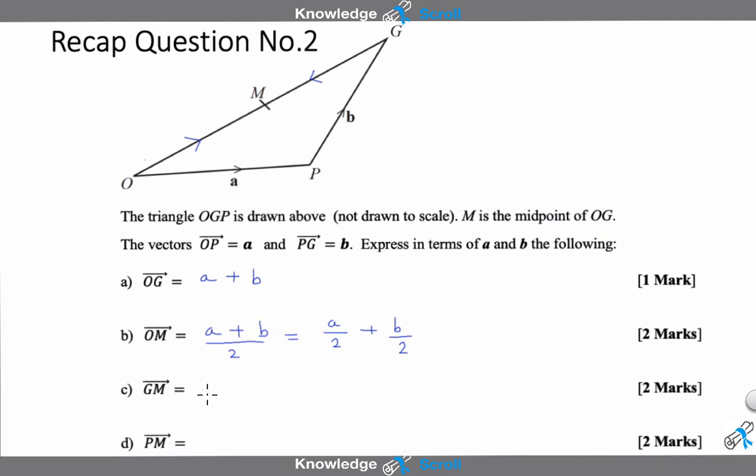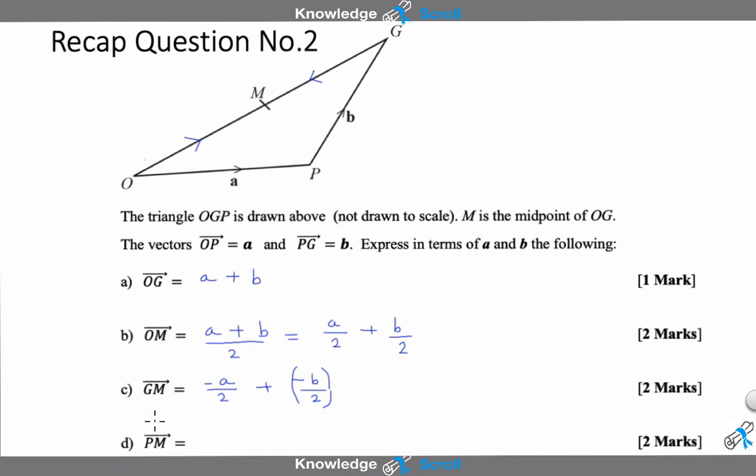So my answer from G to M will be the same as the one above. However, I must remember to change the signs of my vector paths. So instead of writing A, I will write negative A on 2 plus negative B on 2 to represent it going in the other direction.